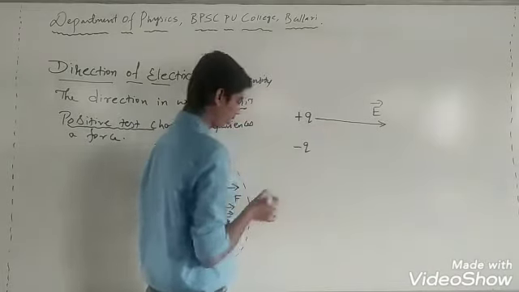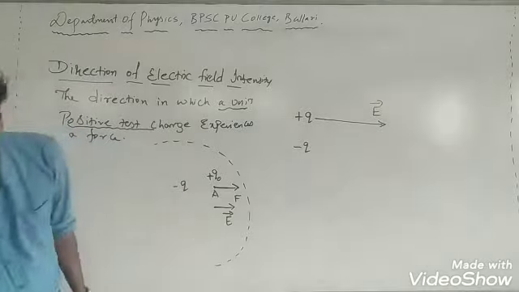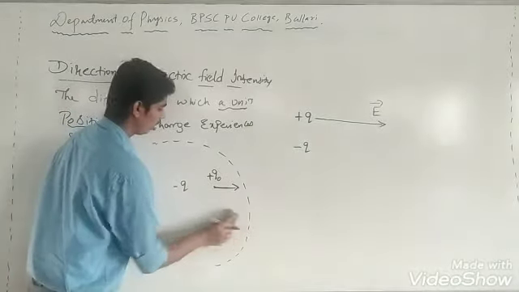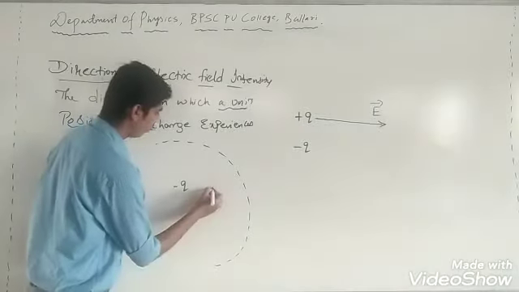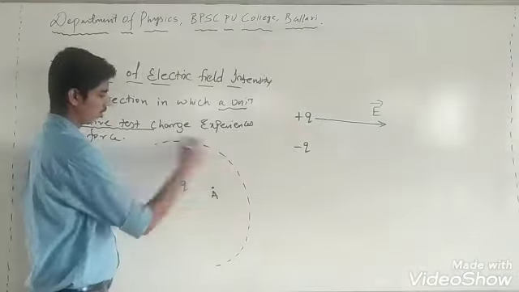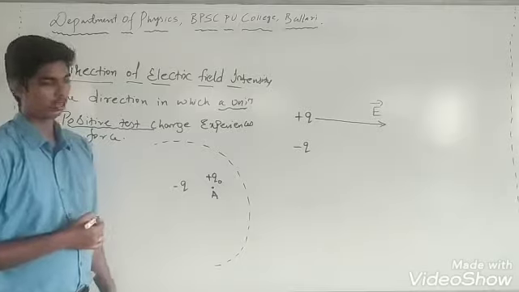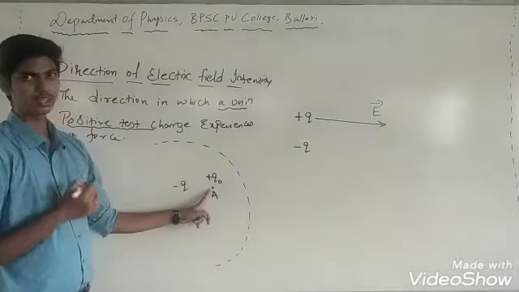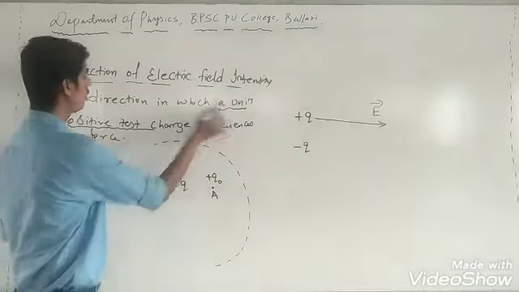Due to a negative source charge, suppose this source charge is negative, and if we have to find the direction of electric field at some point, say A, in the region around this charge, we need to place a unit positive test charge at point A. Since we need to find the direction of electric field intensity at point A, we need to place a unit positive test charge.